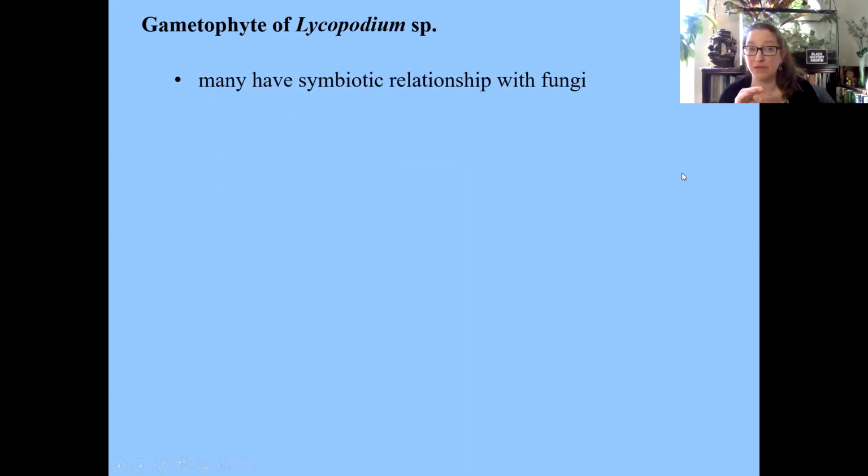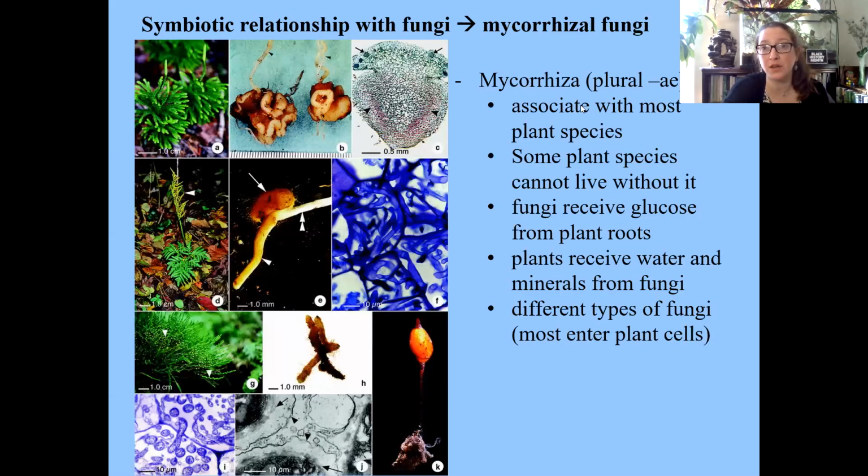Lots of gametophytes of Lycopodium have a symbiotic relationship with a fungus or fungi. Here we could talk about it. A symbiotic relationship with fungi, mycorrhizal fungi. This might be something you remember from the documentary, with the Douglas fir trees, mycorrhizal fungi.